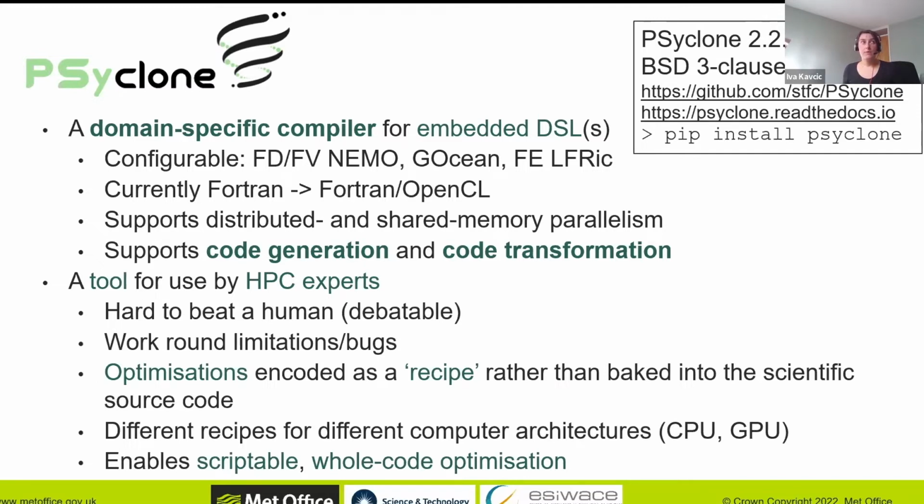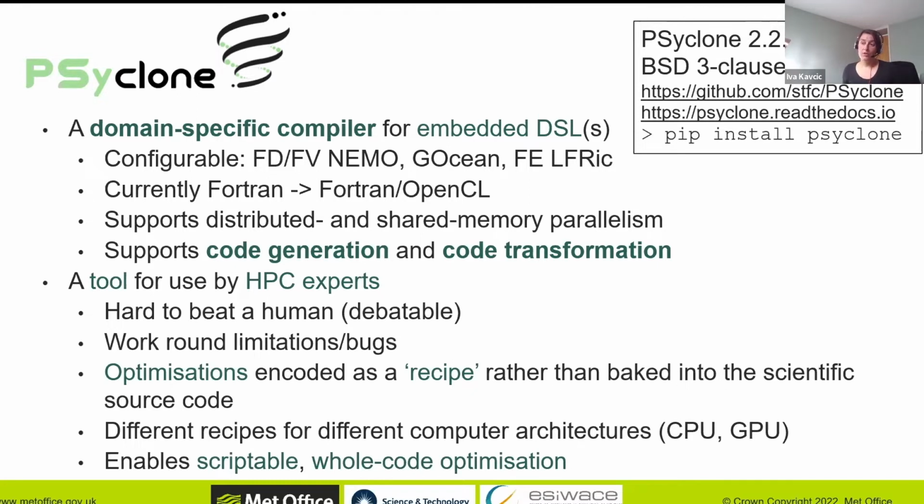PSyclone is a tool for use by HPC experts, and in a sense, it records the knowledge and the best practices of the HPC experts, which, at least in the case of the Met Office, have a lot of input in the design of the desired features in PSyclone.